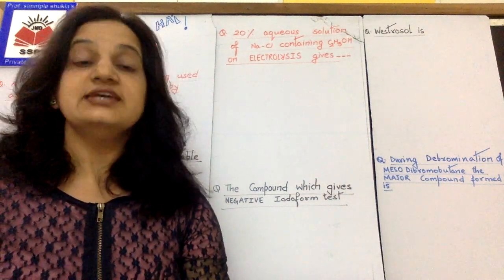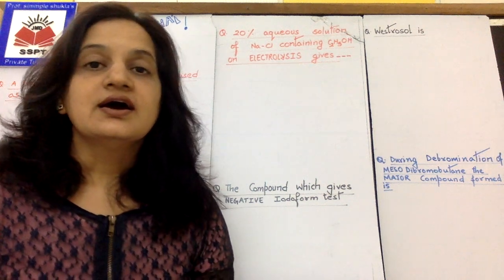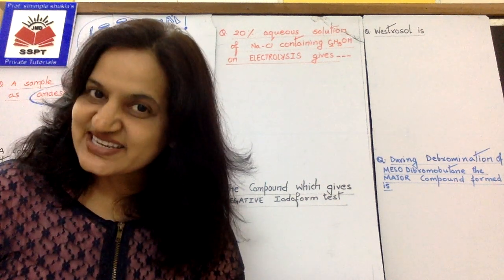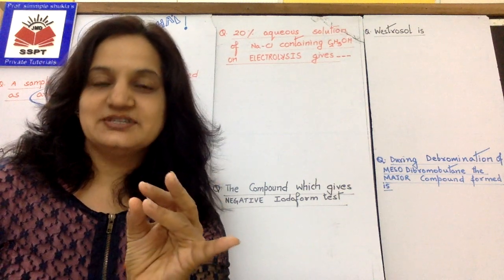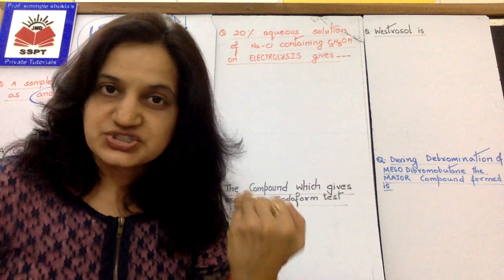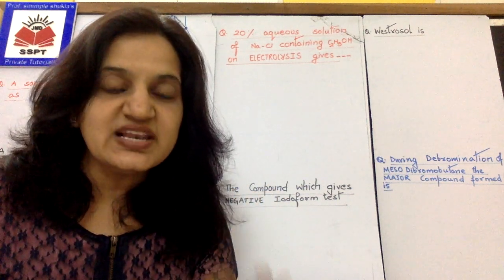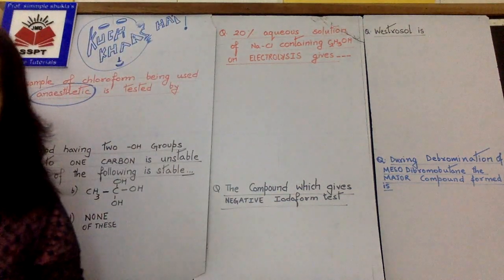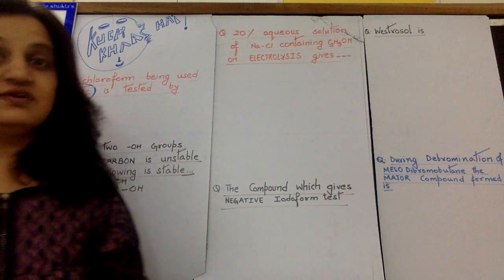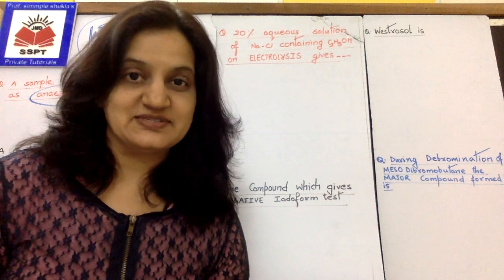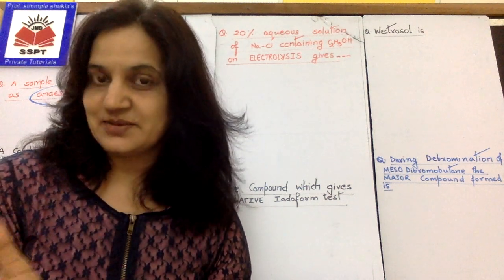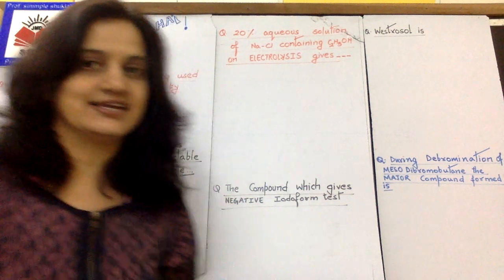Because it can lead to unconsciousness when given in certain amount, and that unconsciousness is temporarily created. Not to give an overdose of that substance, till then only it will be called an anesthetic.